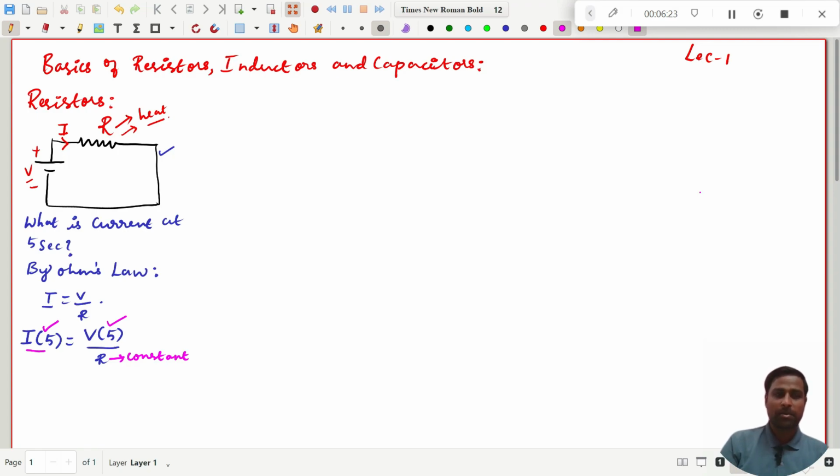Now you understand the resistor in a way we know already, but I just want to enhance your knowledge. A voltage source is connected across this resistor. It is taking energy from the voltage source. Whatever energy it is taking from the voltage source will be dissipated into heat immediately.